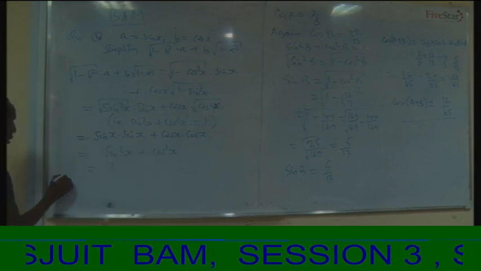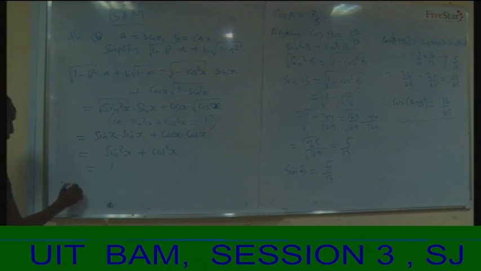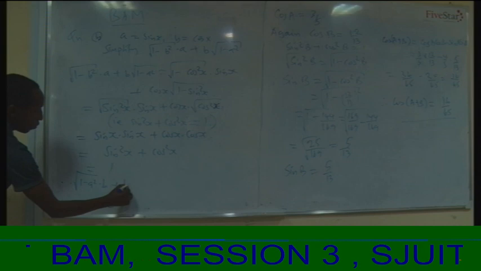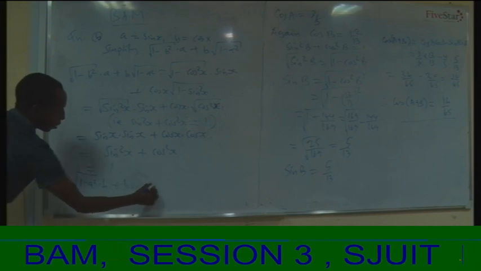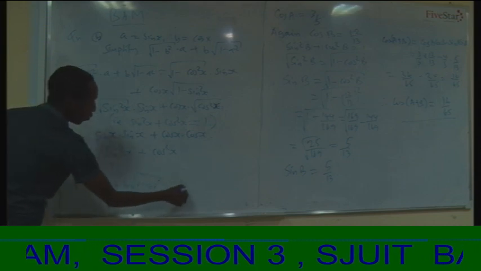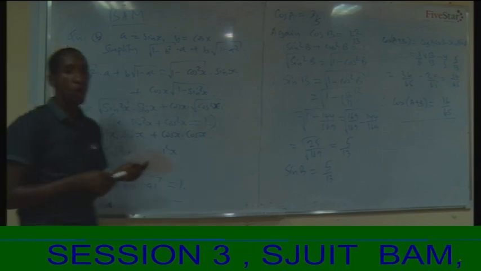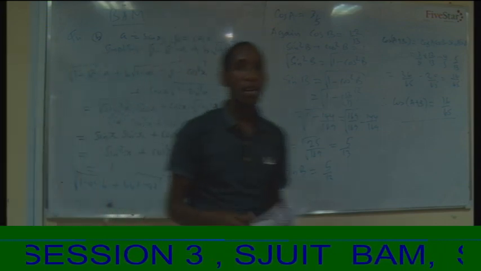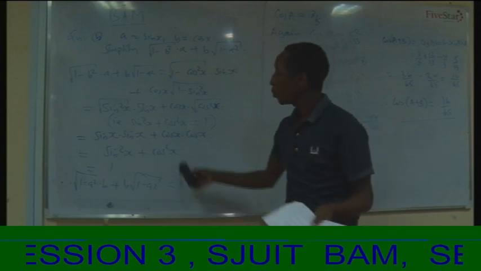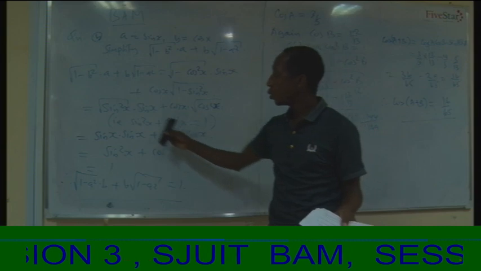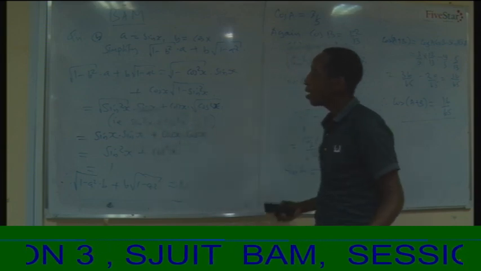So therefore, the expression square root of 1 minus B squared times A plus B times square root of 1 minus A squared is equal to 1. So what we did here is just direct substitution of the given values in the given expression and simplify using the trig identities.